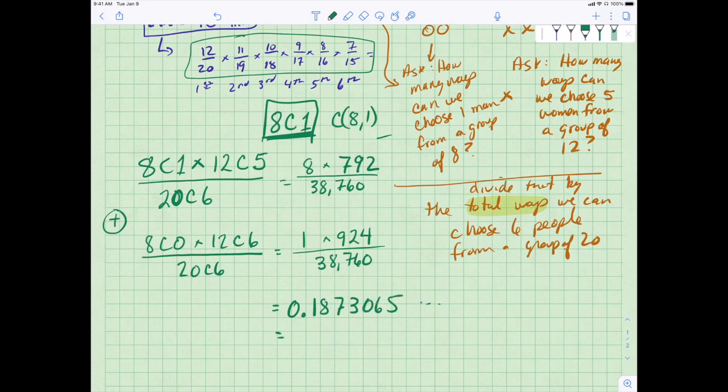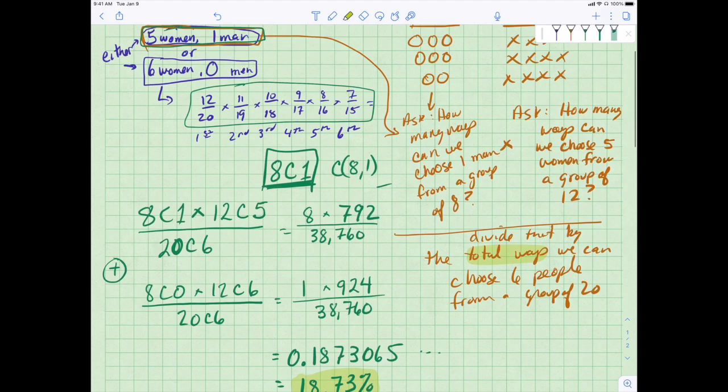And so that's going to be equal to 18 point, and you got to be careful because these problems will always ask, you know, to 2 digits, 3 digits, or whatever. But the answer is going to be 18.73%.